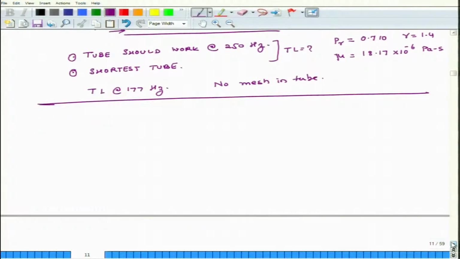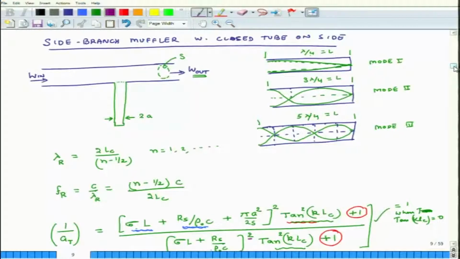So, first we will compute LC, the calculation of length. Remember, in these tubes there could be several modes.